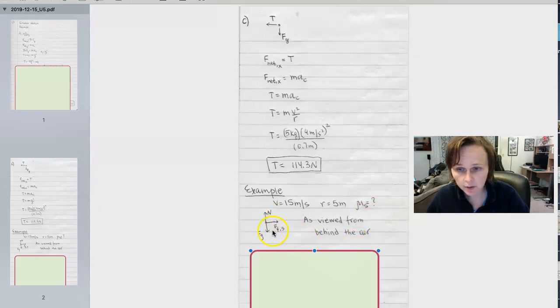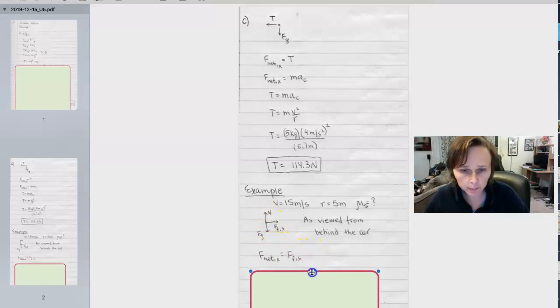So the free body diagram looks like this as viewed from behind the car. Since the turn in the picture was to the right, the force of friction is acting to the right. The gravity is downwards and the normal force is upward.